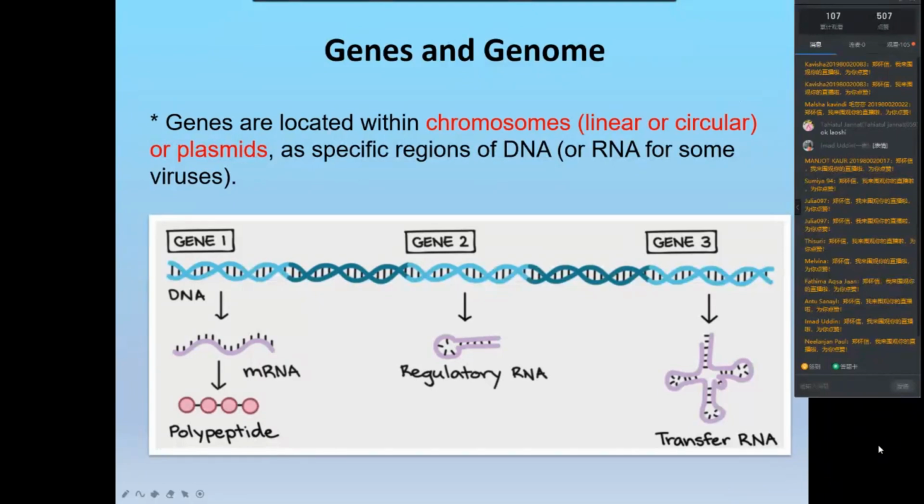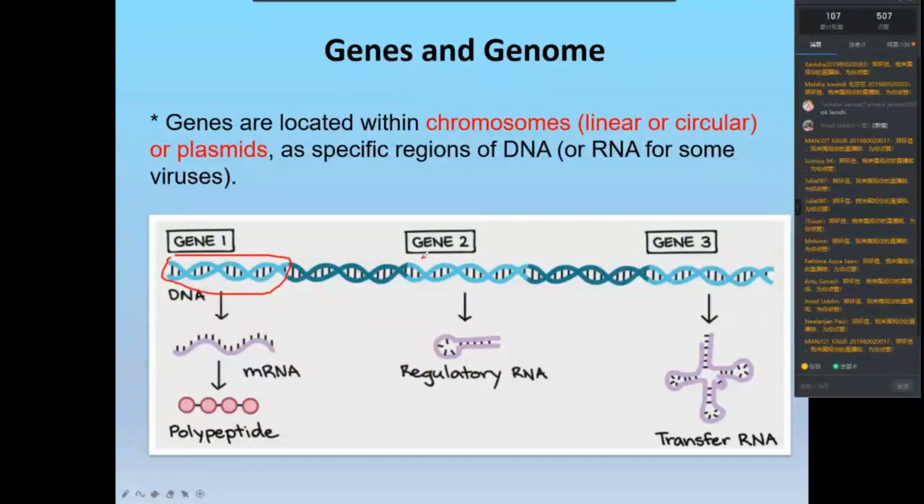So it's on either the DNA or RNA, for example, DNA of bacteria, or RNA for some viruses. They are specific fragments located on DNA or RNA.